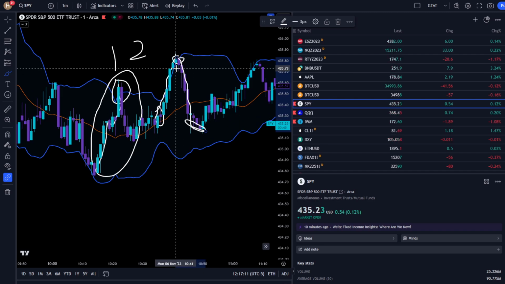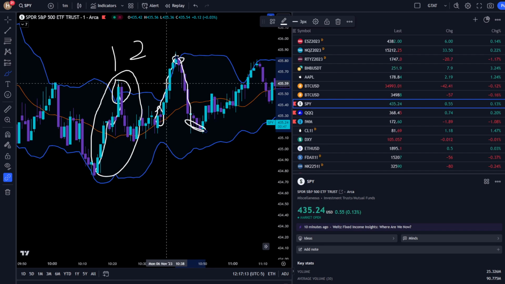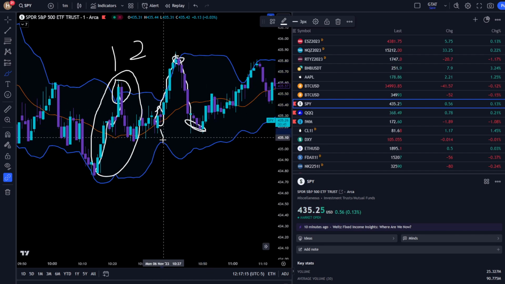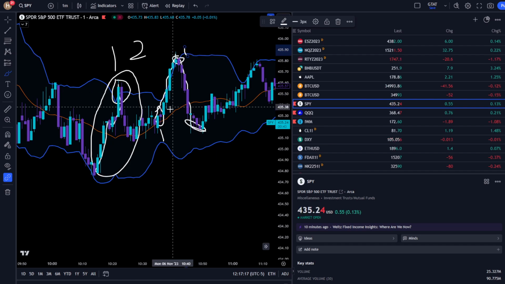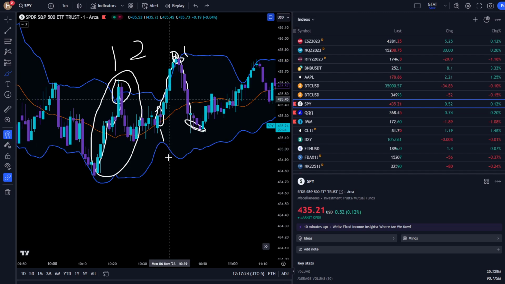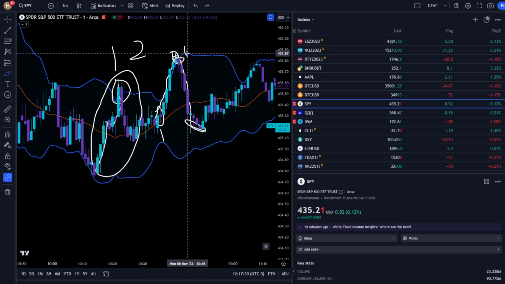So at this point we were in a trade over here and then another trade over here. When we entered this, by the time we got up here, these contracts were down almost 25%, something like that. And we ended up entering a new position.